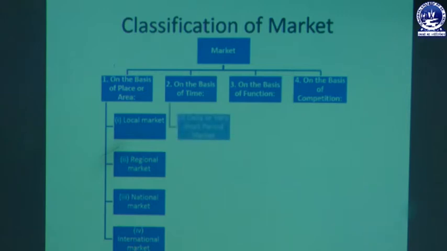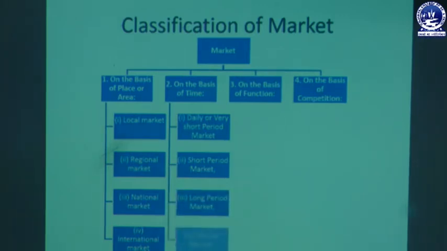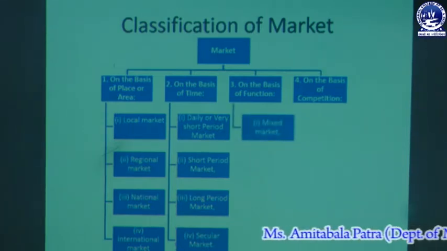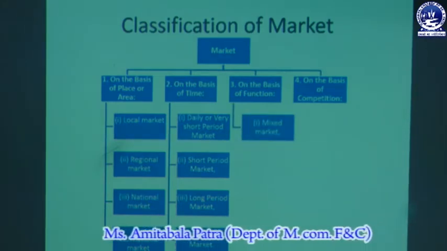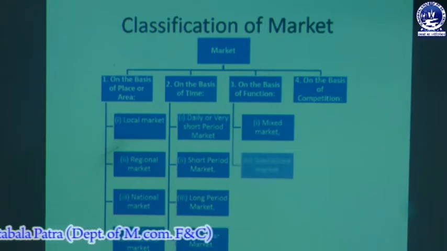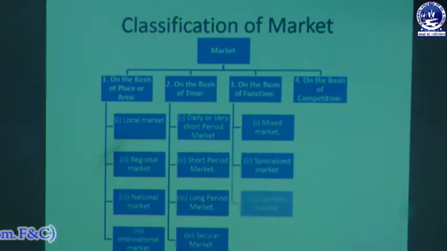On the basis of time, the market could be a daily market or a very short period market, it could be a short period market, a long period market or a secular market. And on the basis of function, the market could be a mixed market, a specialized market, a sample market, and marketing by grades.